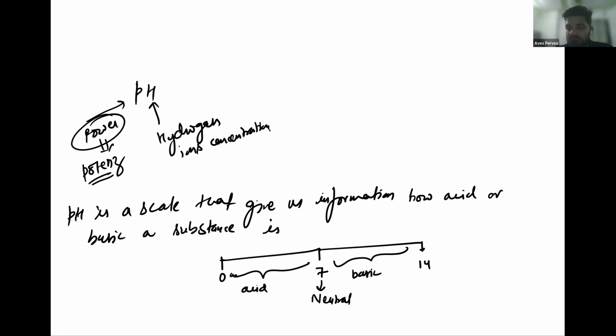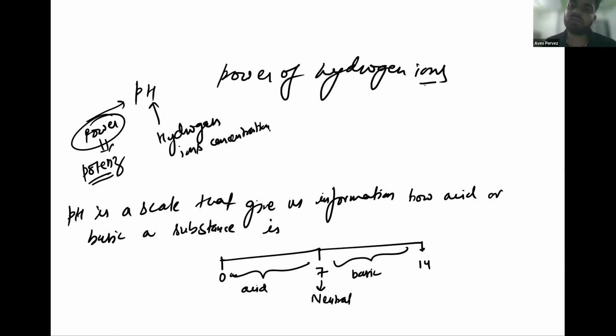Almost the time is over, so in the next class we are going to discuss the pH of the solution. pH can be defined as follows: P stands for power, which in the Greek word is potens, and H is hydrogen, so pH means power of hydrogen ions. pH is a scale that gives us information on how acidic or basic a solution is.